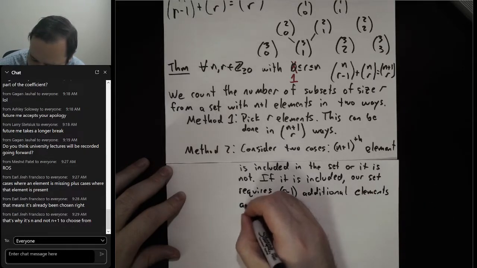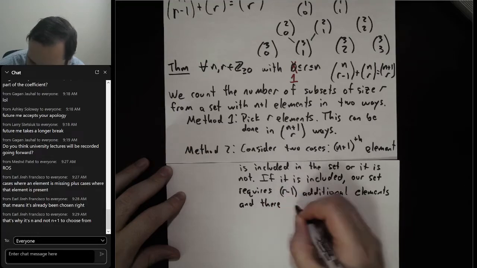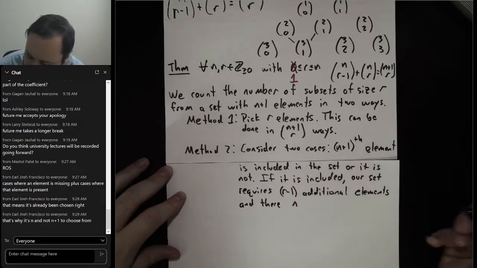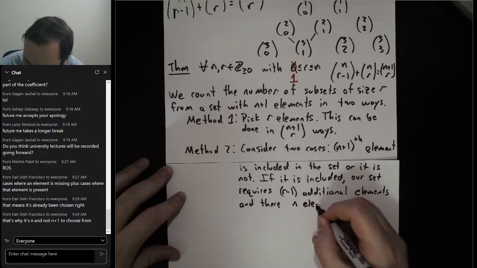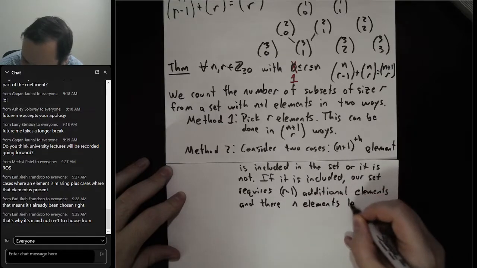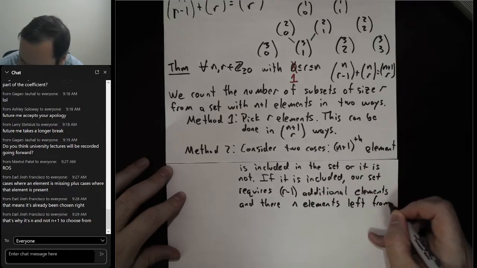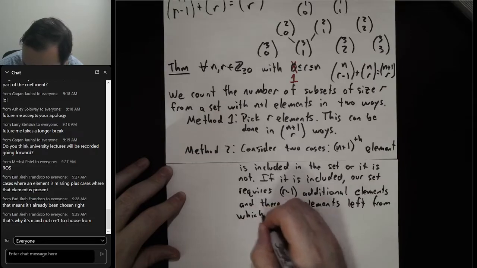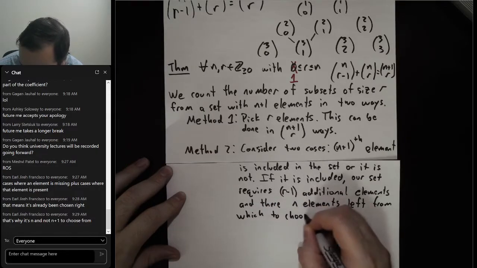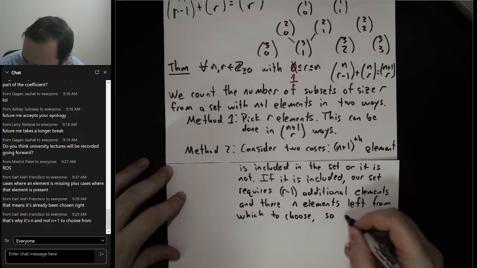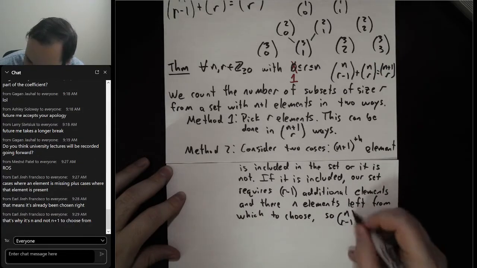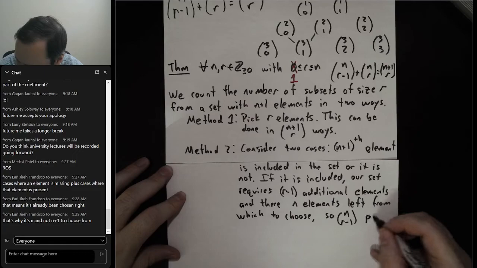And there are n elements left to choose from. So n choose R minus 1 possible sets.